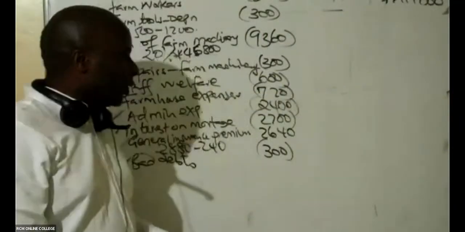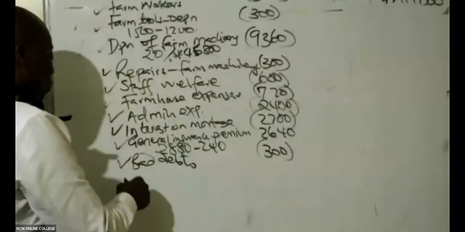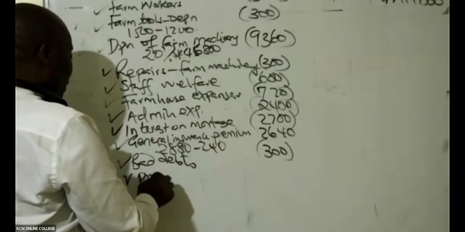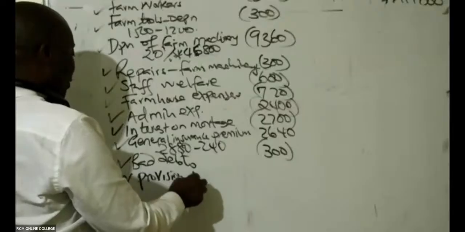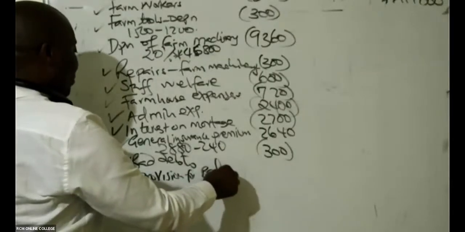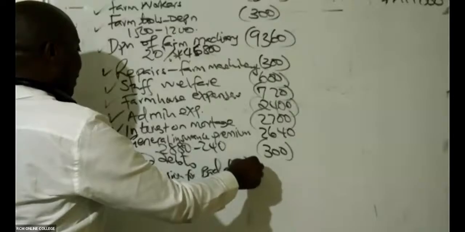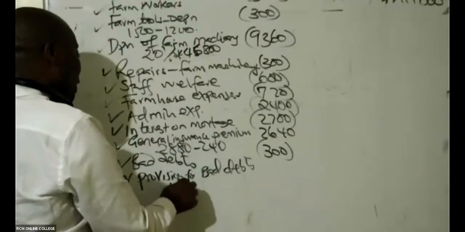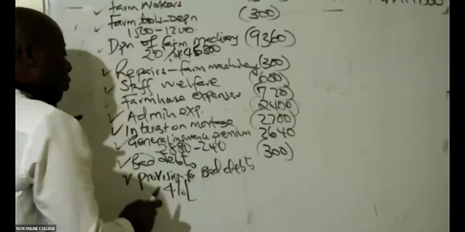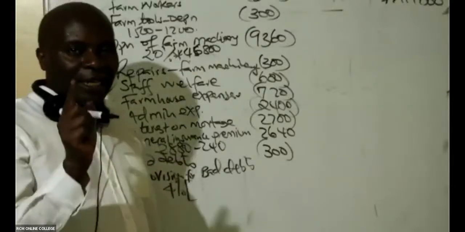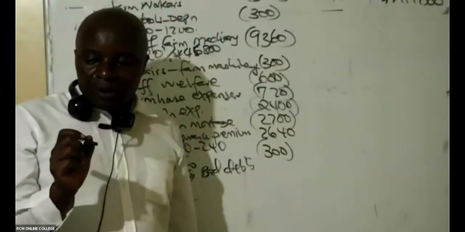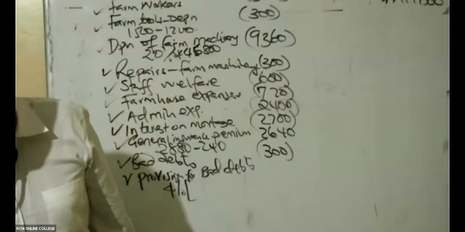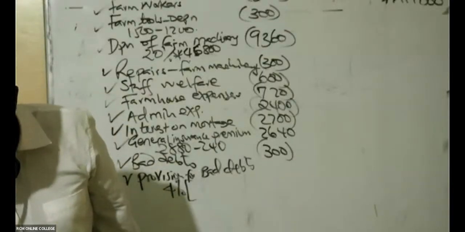So then we have, ladies and gentlemen, bad debts and your provision for bad debts. This provision, they have told us, is 4%. Remember, we do the provision for bad debts on the company's receivables. Is there someone who is able to see the company's receivables?